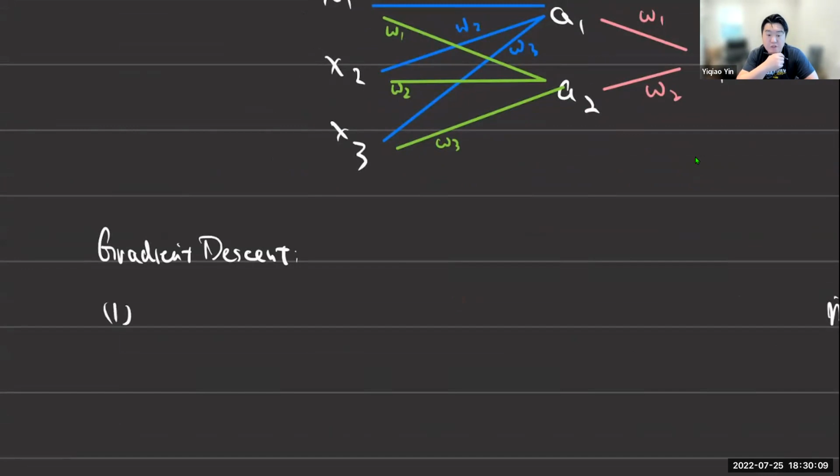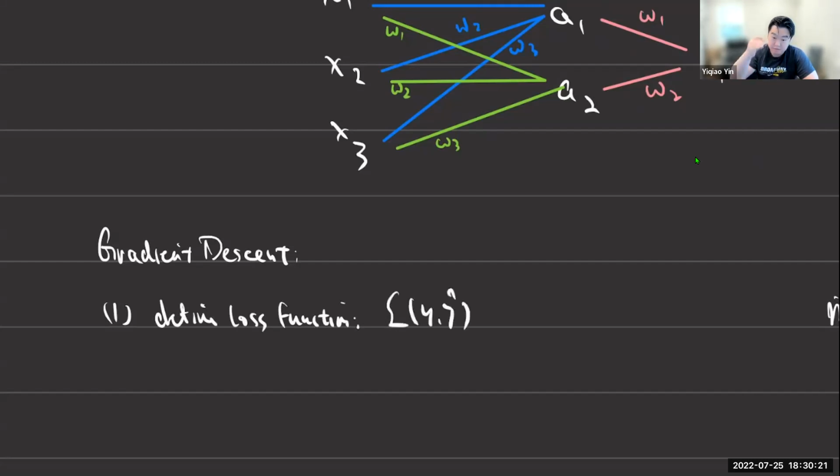First, you need to know your loss function. So define the loss function, this calligraphic L of y, y hat. Whatever this is, it's completely up to you, depending on your choice, depending on what the data look like, depending on the real-world situation. Now, with that being said, you compute the gradient.